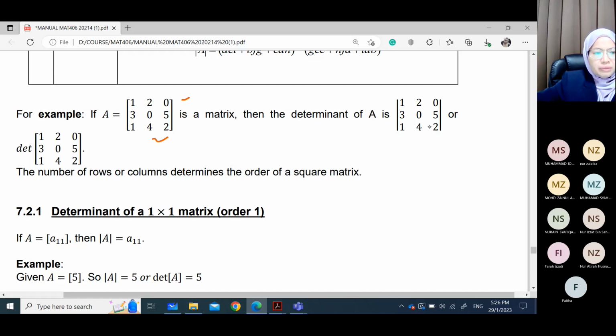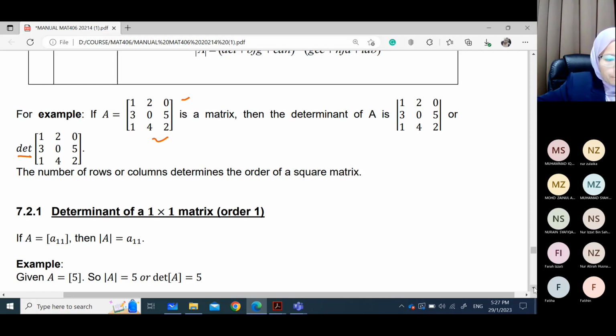Okay, so ini adalah determinant. Ataupun kat tepi tu kita letak determinant of this matrix. Ini sangat penting. Kalau you salah tulis bracket ni, dia akan jadi determinant lain. Okay, so be careful.